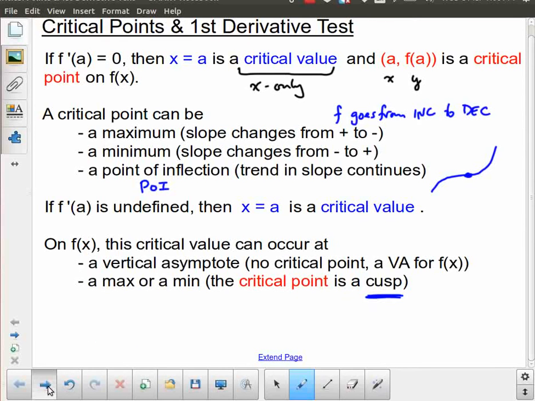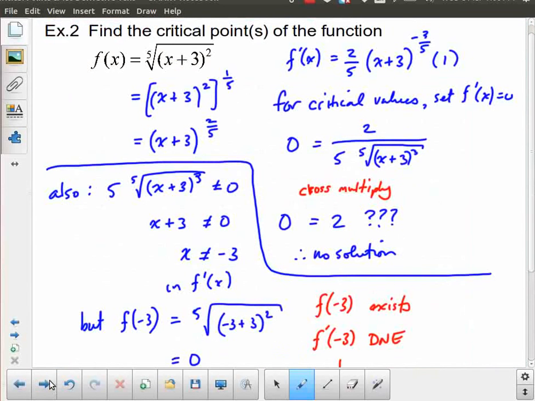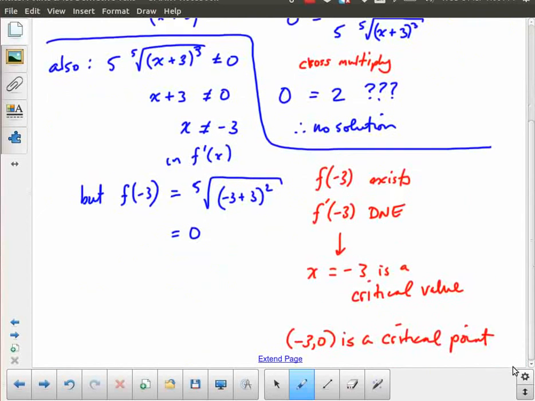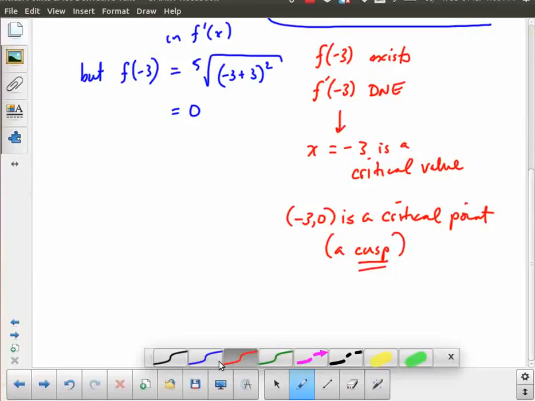So with this very odd fifth root of something squared that we started with, we have actually found that this is a cusp, which is this new idea of a shape. I've actually shown you this shape before in other graphs, but we've never really talked about what it was.